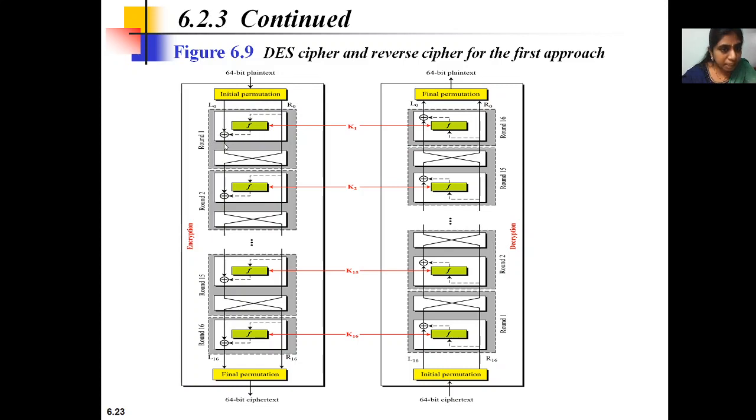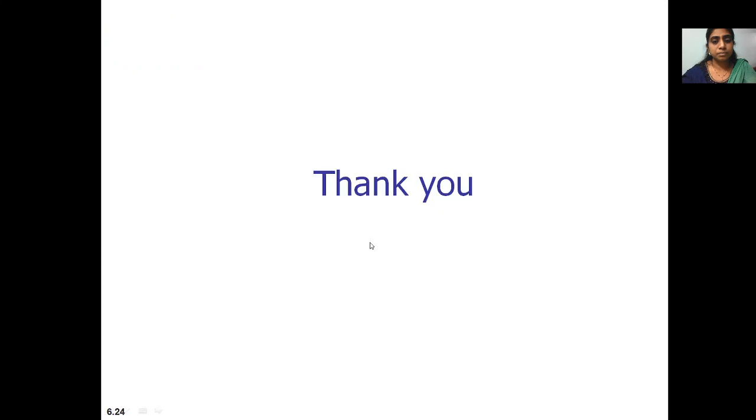This is taken as the right bits for the next round, and the right side bits are taken directly as the left bits for the next round. So like that we are going to do 16 rounds. Then at the end we do the final permutation and we get the ciphertext. And this is the reverse process, and we get the plain text. Thank you.